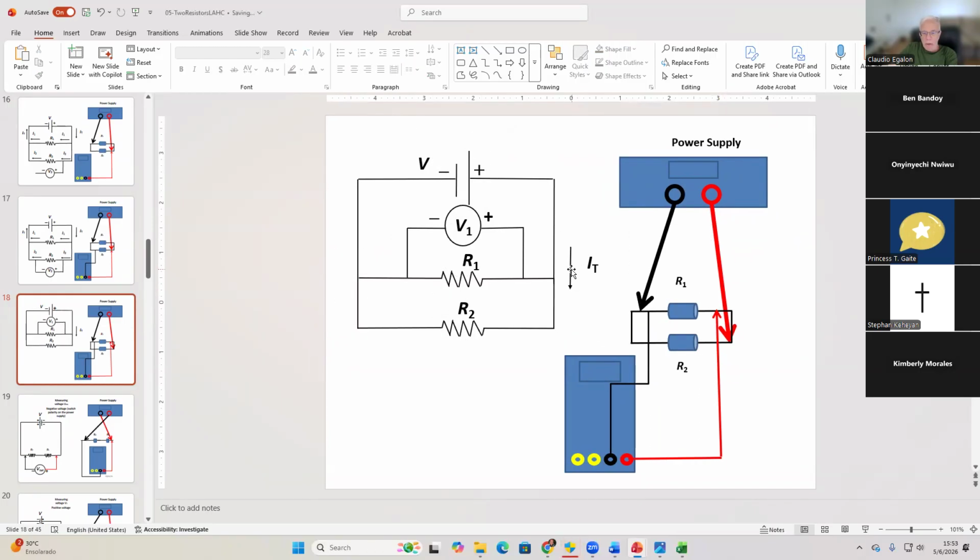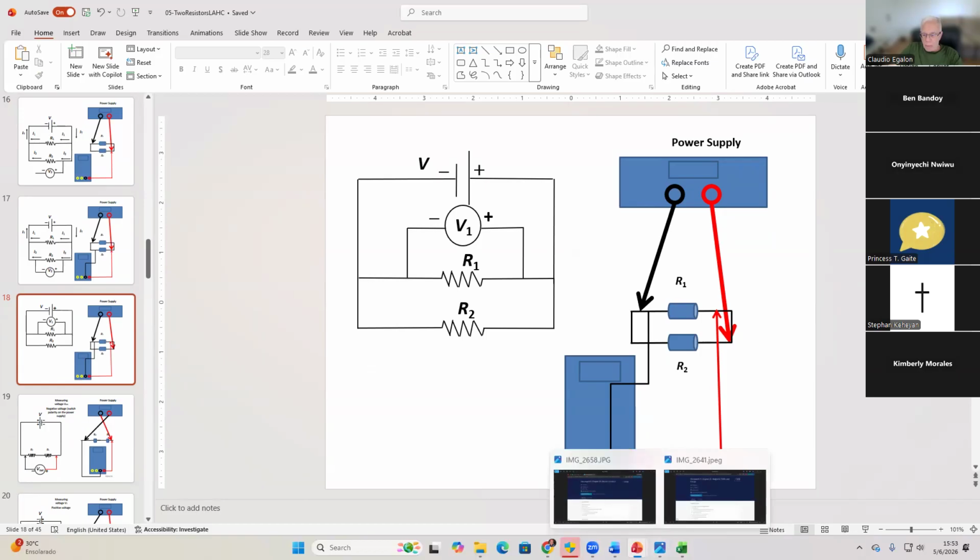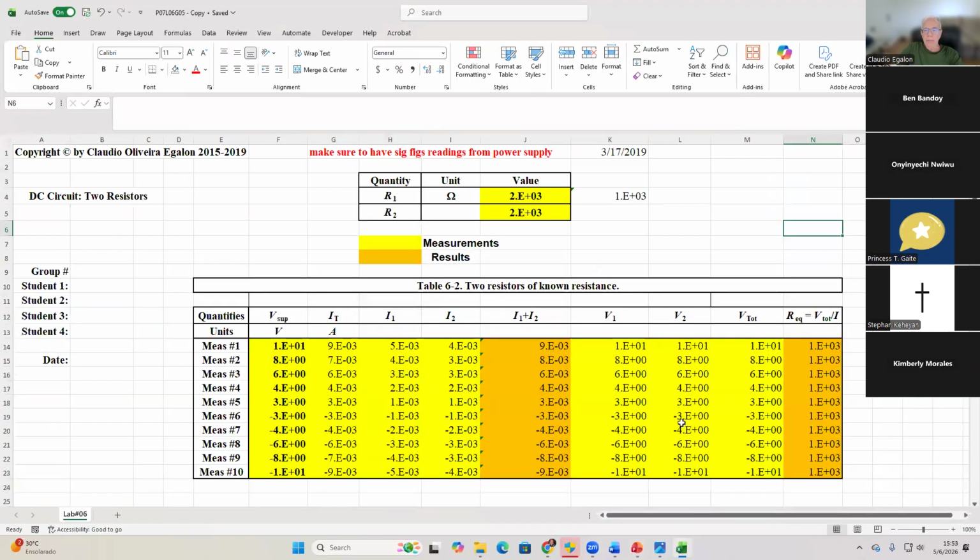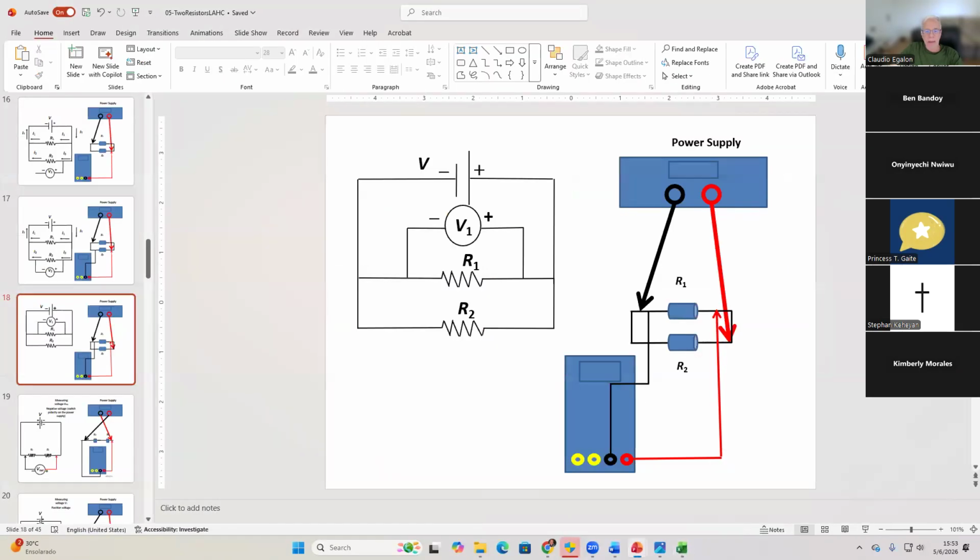I am erasing the current direction. Go back to here. Here is the V2 measurement, here is the V1 measurement, and then the V total measurement is going to be connected elsewhere.